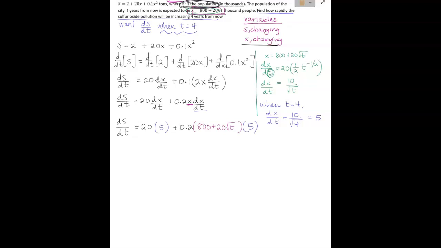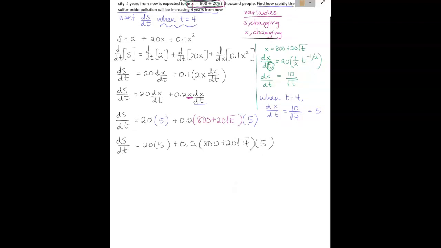And remember, we were looking for ds dt when t was equal to 4. So I'm going to go into this equation and plug in a 4 for that t right there, and then we will evaluate this.